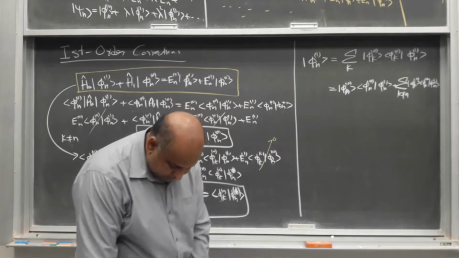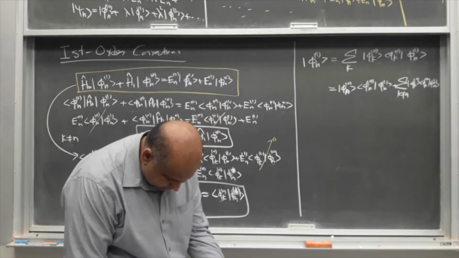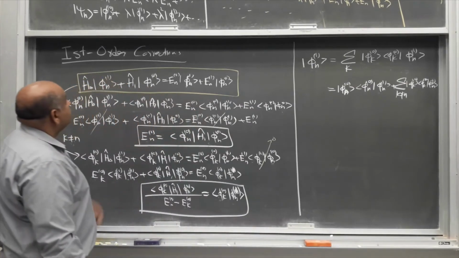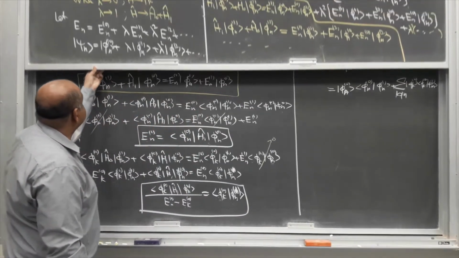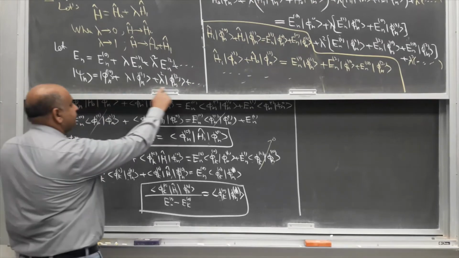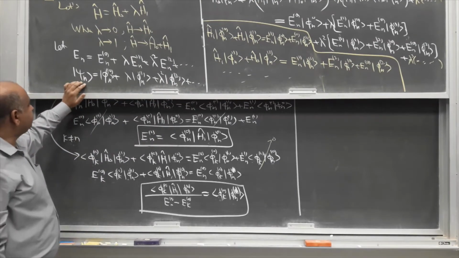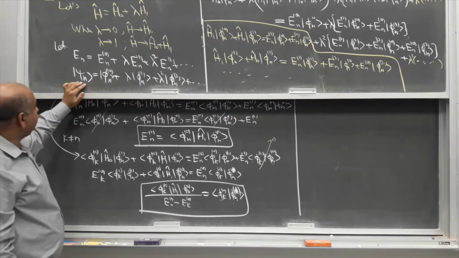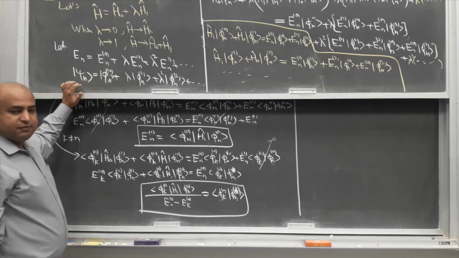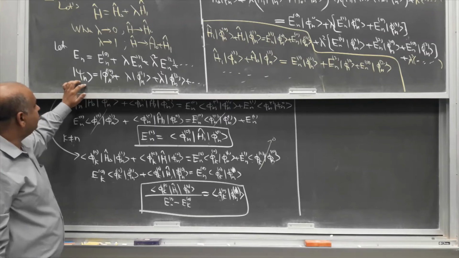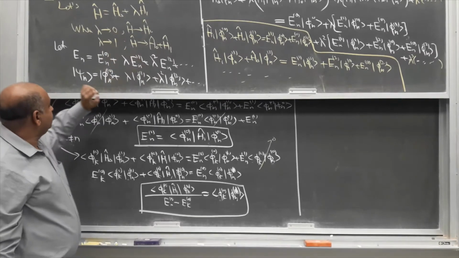Now let's see what this inner product of phi n0 with phi n1 is. To do that, we can come back to the expansion of this psi n that we have, and demand that this psi n state, the perturbed state for the Hamiltonian H, is normalized.